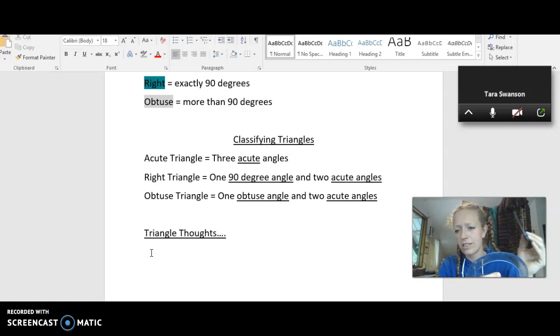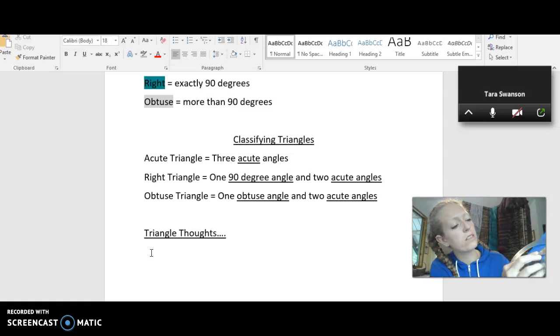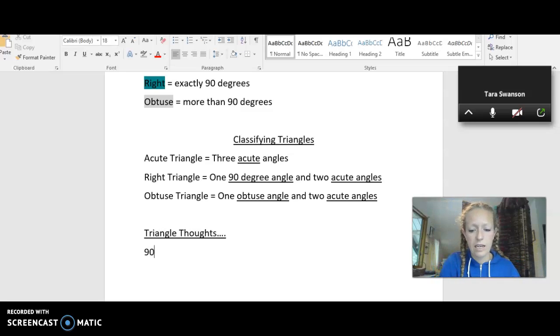I know that's 90 degrees, so I'm going to leave that corner alone. I'm going to go to the next one. Okay, so sometimes I have to start from the top just to orient myself. So that's my 90 degrees. I'm going to turn it around here. And just to keep track of my brain, I'm going to write 90. Okay, so there's our 90 degrees.